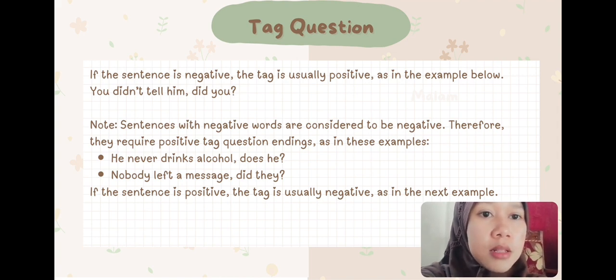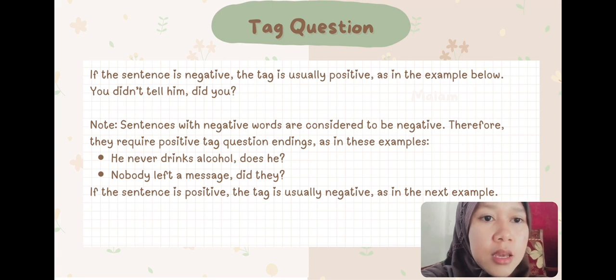For example, you didn't tell him, did you? Kau tidak memberitahunya, kan? And note, sentences with negative words are considered to be negative. Therefore, they require positive tag question endings. Untuk catatan, kalimat dengan kata-kata negatif dianggap negatif. Oleh karena itu, mereka membutuhkan akhiran pertanyaan tag positif.